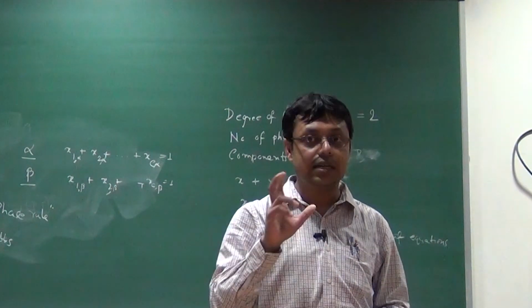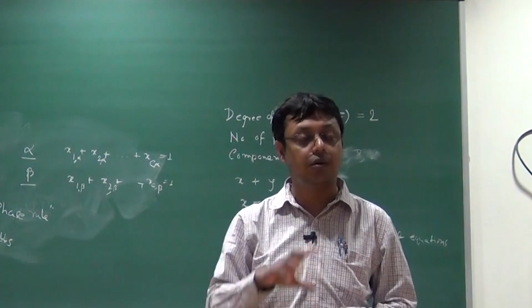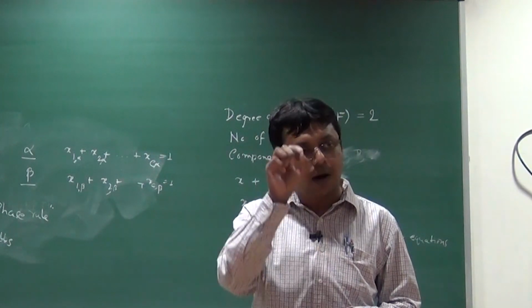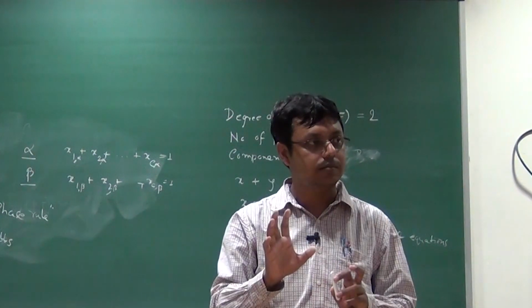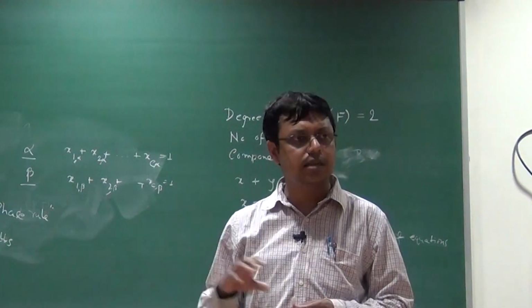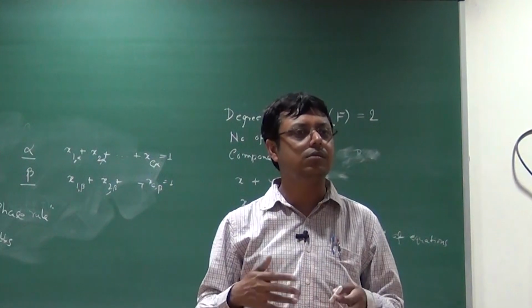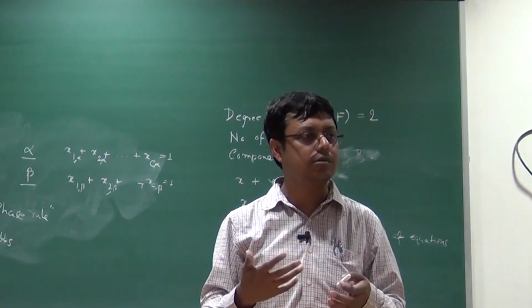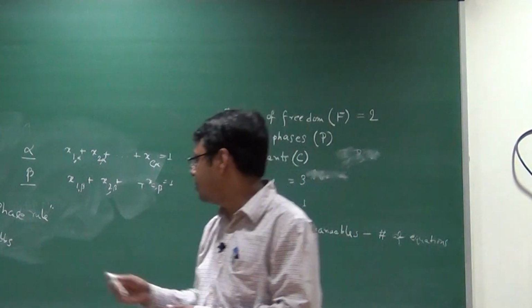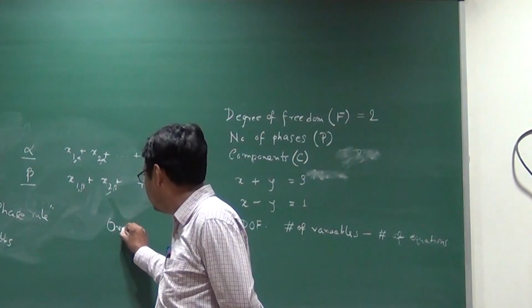Now the interesting thing is, whenever we draw a phase diagram, think about it: one component, I have 3 minus p.